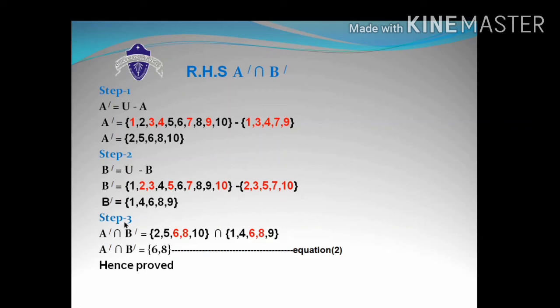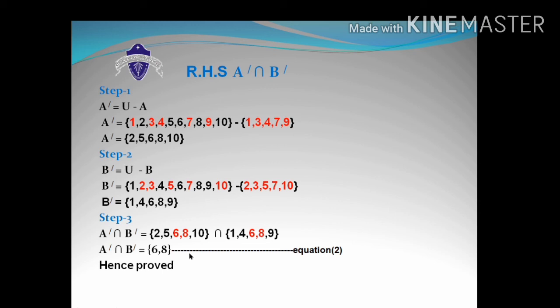In step 3 we will find the intersection of A' and B'. So A' ∩ B' is equal to the members of the A' set, intersection sign, then the members of the B' set. So A' ∩ B' is equal to {6 and 8}. Class, this is the complete solution of the right hand side that I am representing by equation number 2.